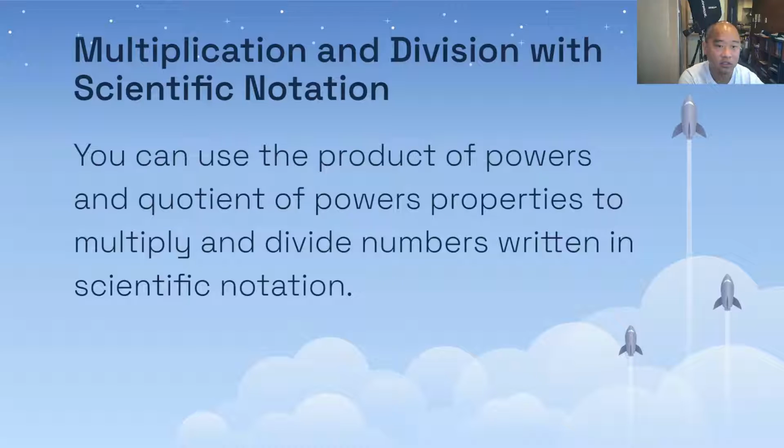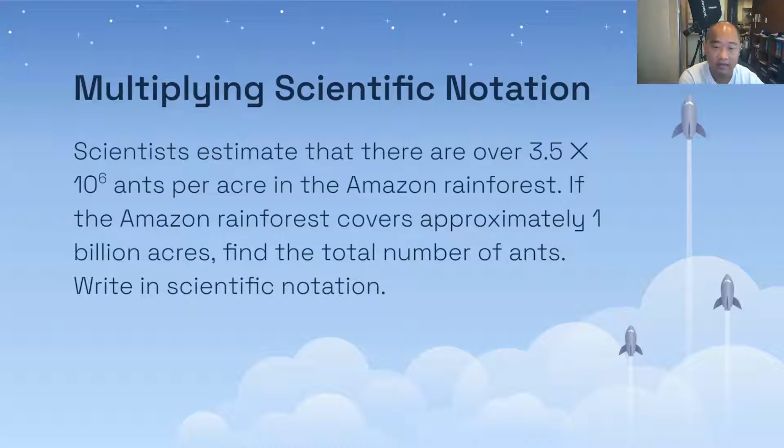So let's take a look at an example. Scientists estimate that there are over 3.5 times 10 to the 6th ants per acre in the Amazon rainforest. An acre is a measurement of area of land, just like a square meter or a square foot or a ping, which is what we use in our houses, right?